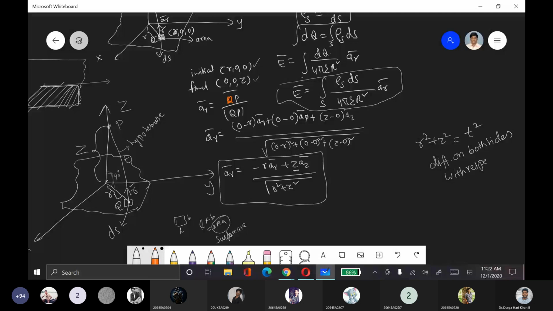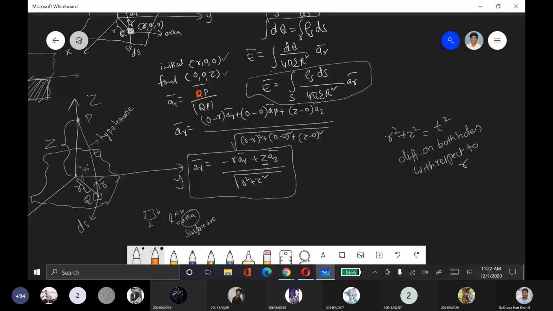With respect to R, what I am doing here is differentiating my hypotenuse on both sides with respect to R. Here Z is constant, and the sheet of charge is at the bottom, right?